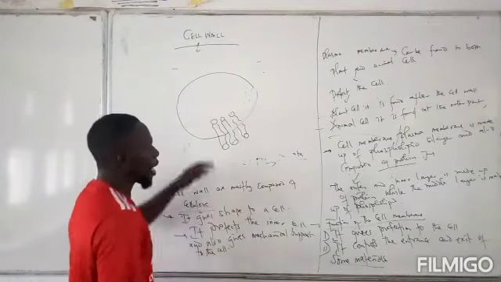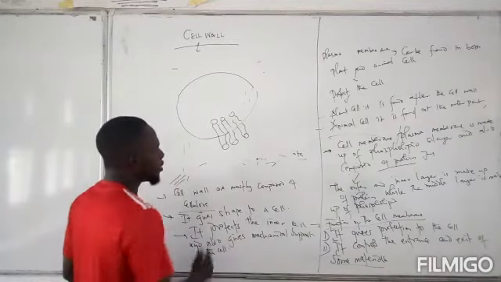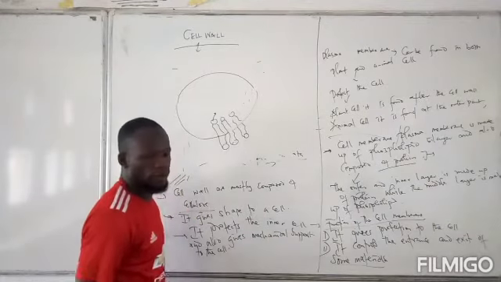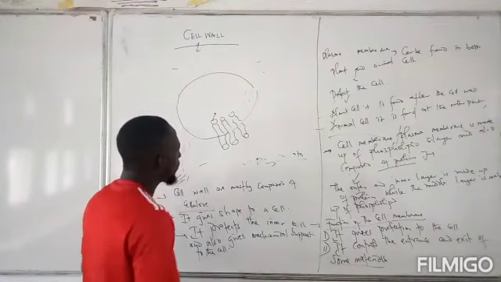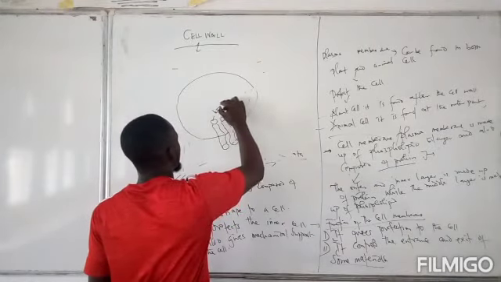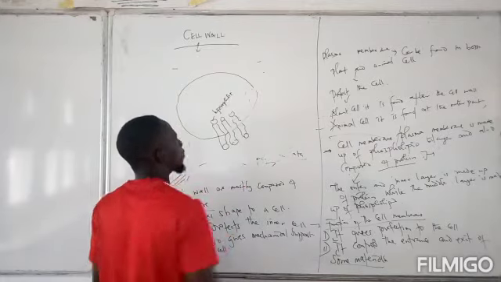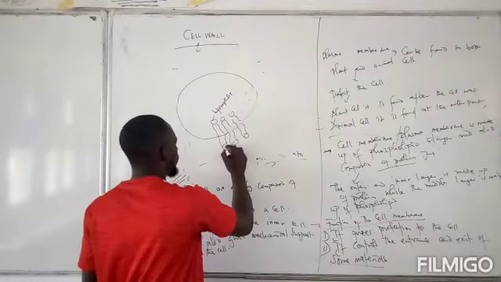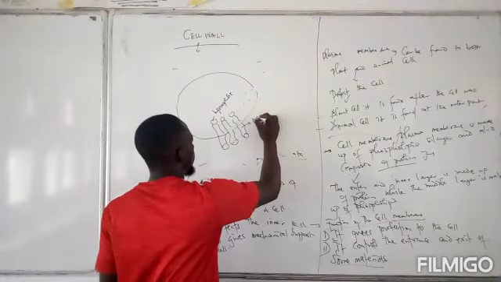The head allows intake of water. That is, they are hydrophilic in nature, while the tails are hydrophobic in nature.